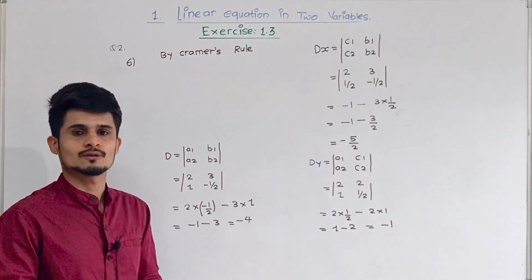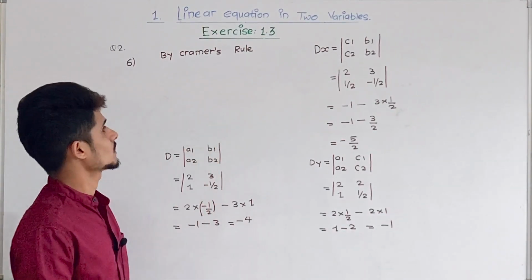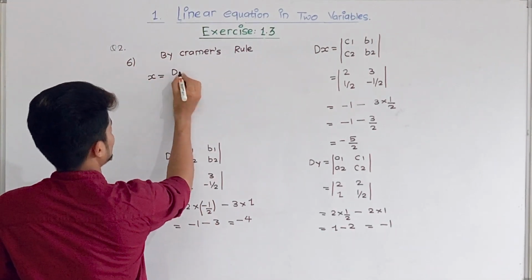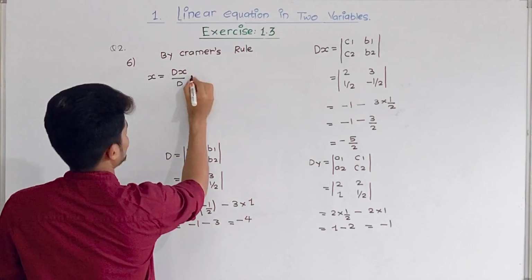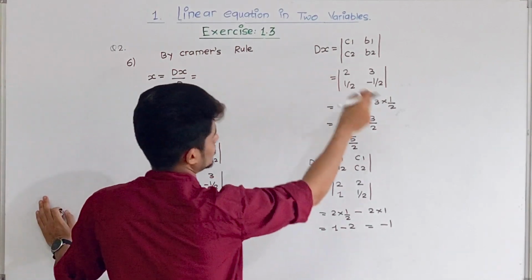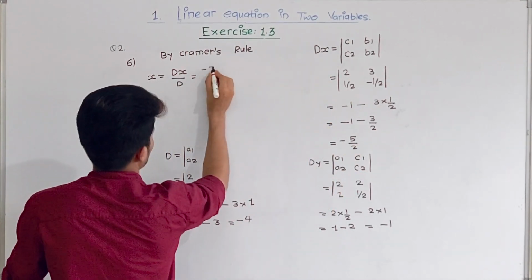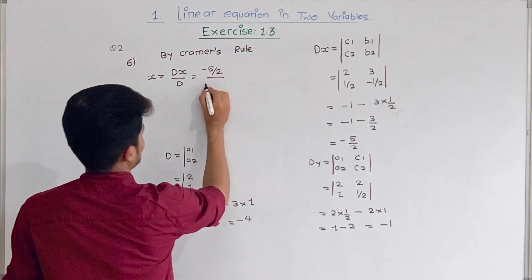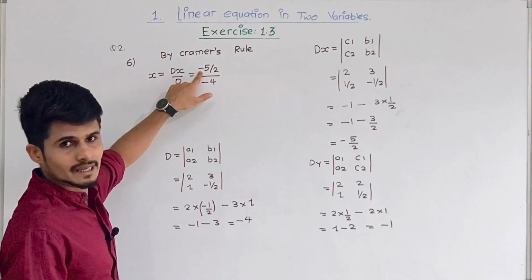Now we'll find the values of x and y by Cramer's rule. So x is equals to dx by d. Value of dx, that is minus 5 by 2, and value of determinant is minus 4. Minus minus get cancelled.